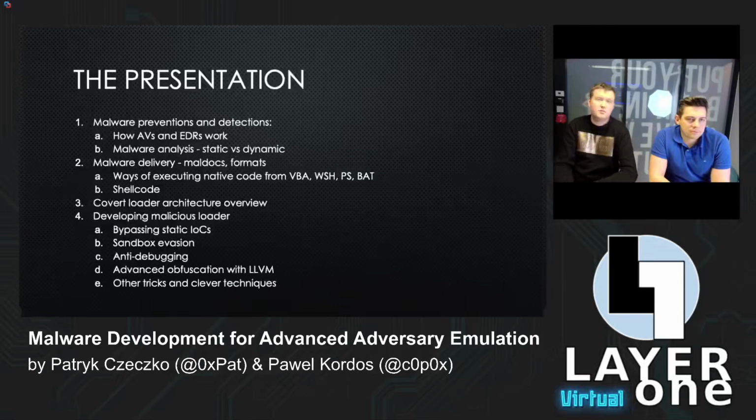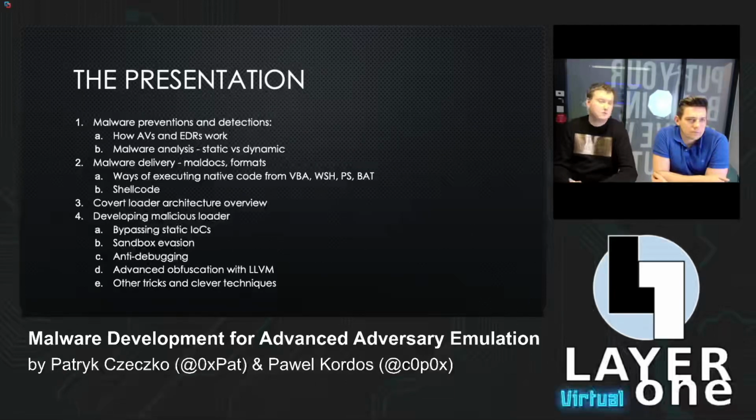All right. So let's start from the beginning. Today we will talk about a few different aspects. First we'll start from malware preventions and detections, and understand how antivirus and EDRs actually work. This is crucial to proper malware development, because without knowing that, you don't know who or what you are dealing with. And we'll try to understand how malware analysis is performed.